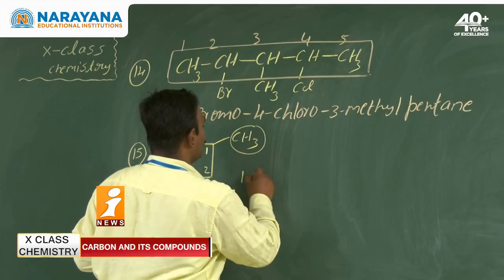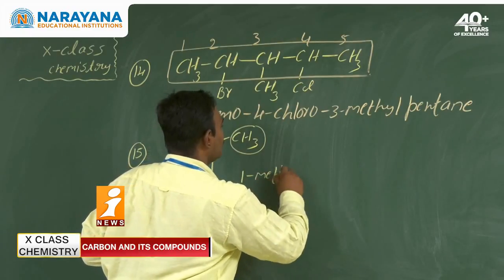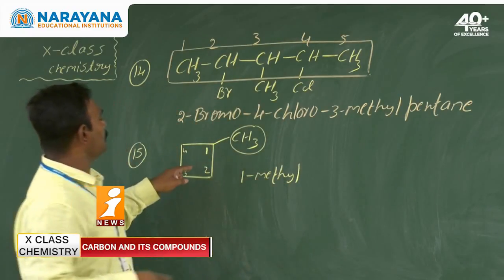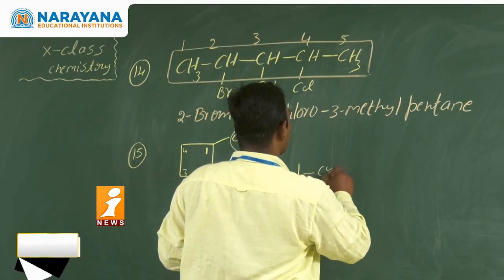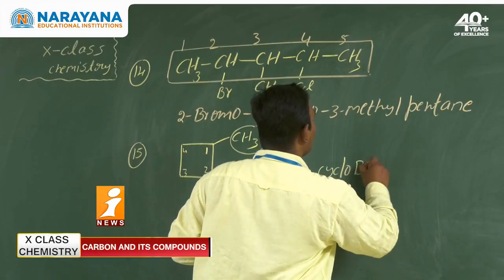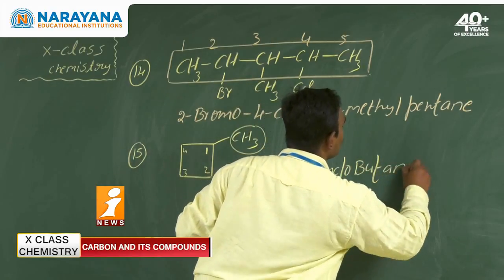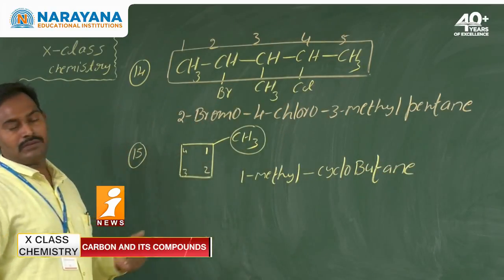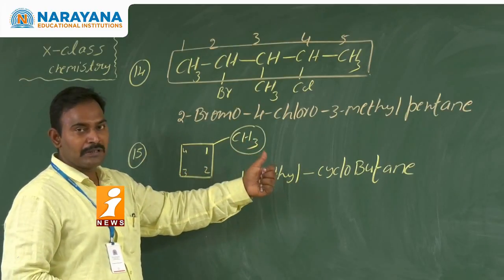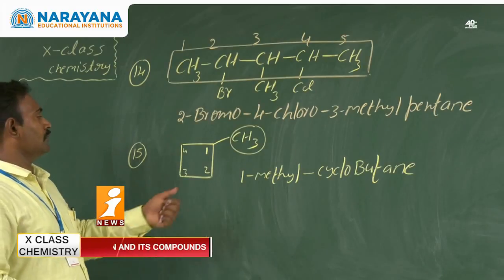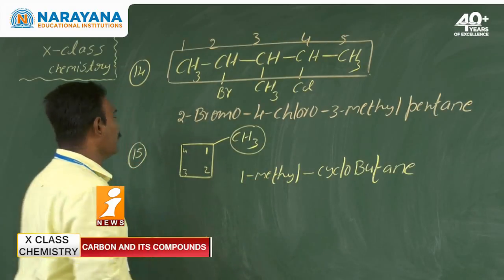That means 1-methyl. What is the primary suffix? Sorry, primary prefix, cyclo. Total how many carbons? 4 carbons. So what is the root word? But. That means 4 carbons. But what is the primary suffix? Ane. So 1-methylcyclobutane.